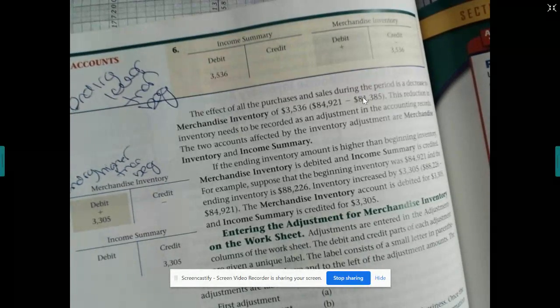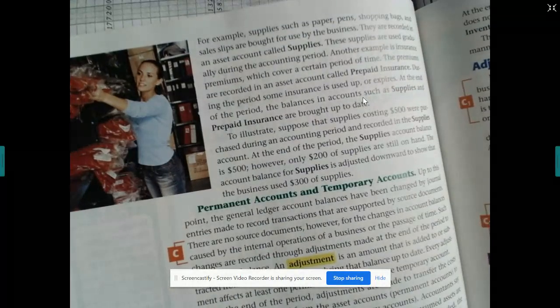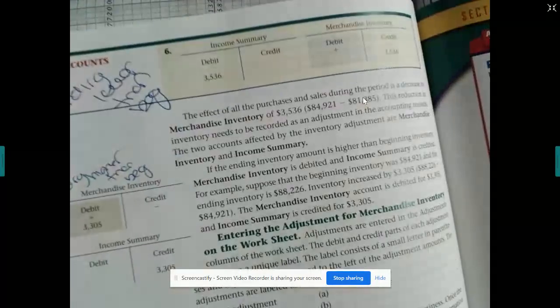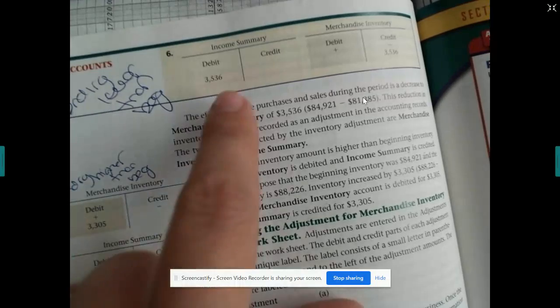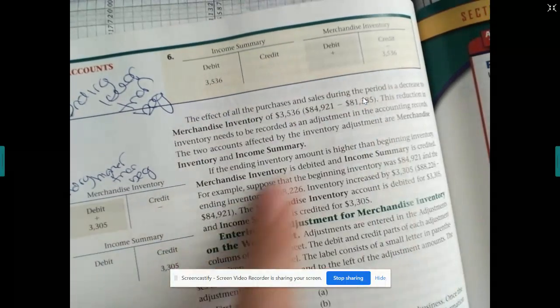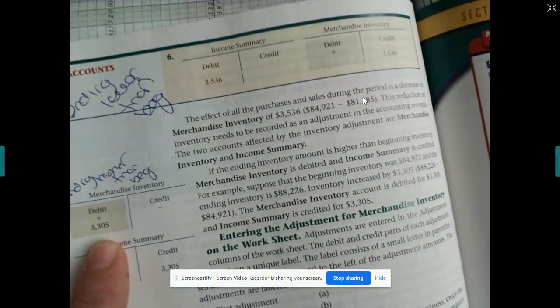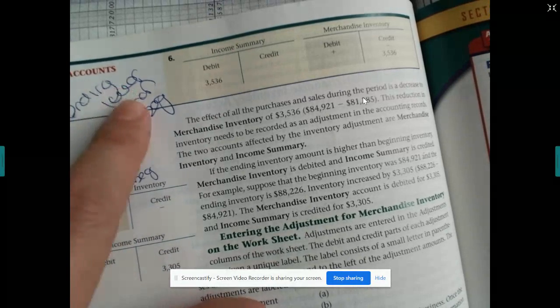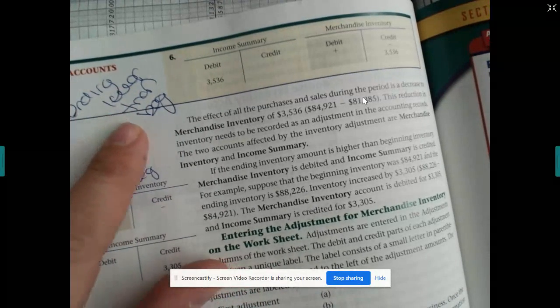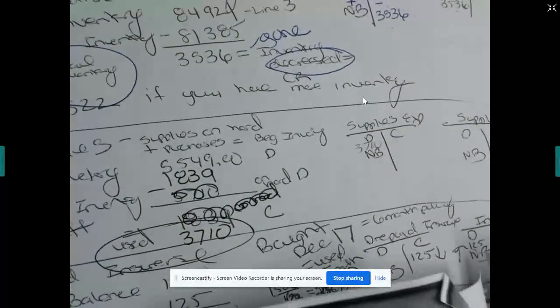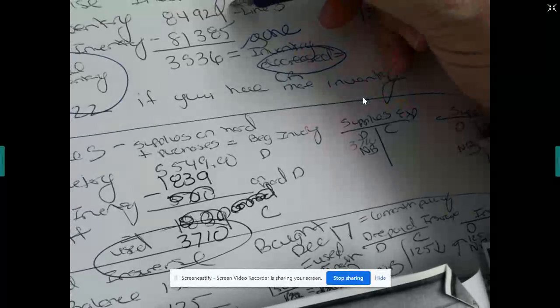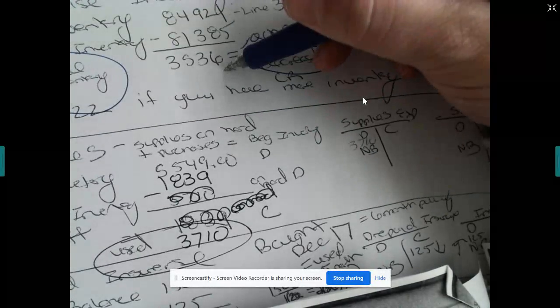Excuse me, the example I just gave you, my apologies, is the ending is lower than the beginning, clearly by those numbers. So we have all this inventory at the beginning of the year, and at the end of the year we have this, so this is what is gone.